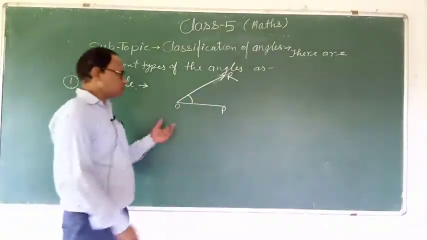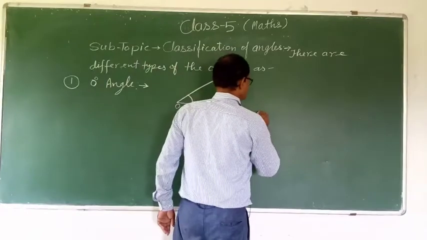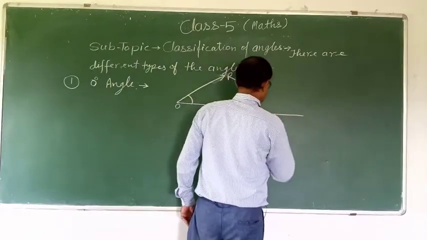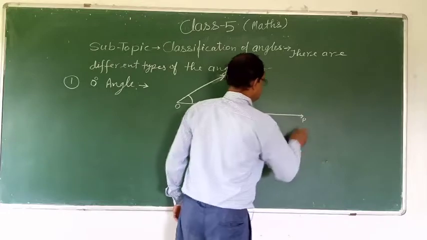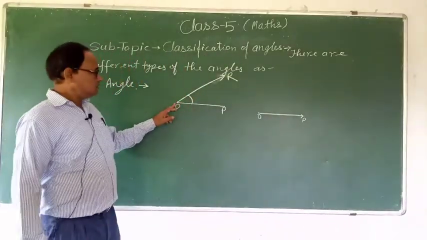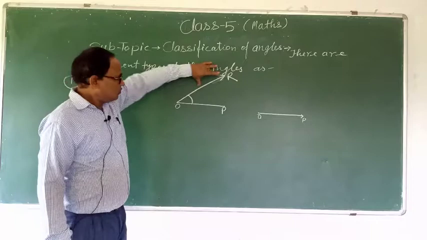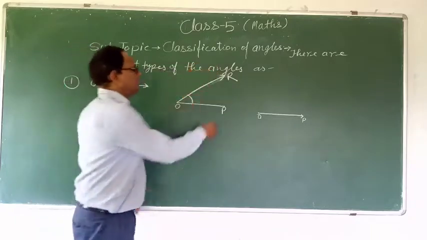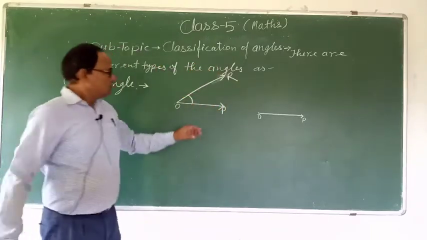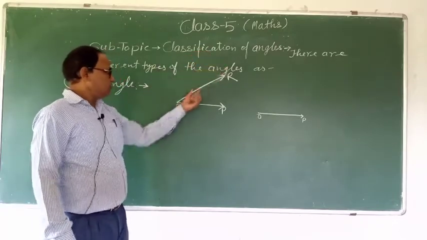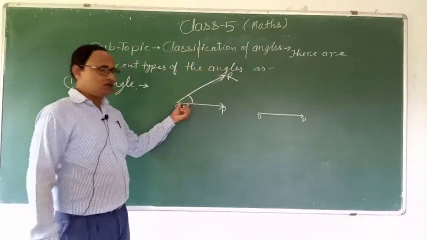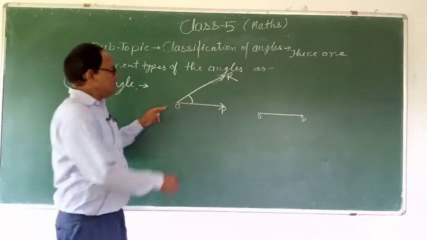OP is a ray, and OR is also a ray. You know that the joining point of two rays forms an angle.